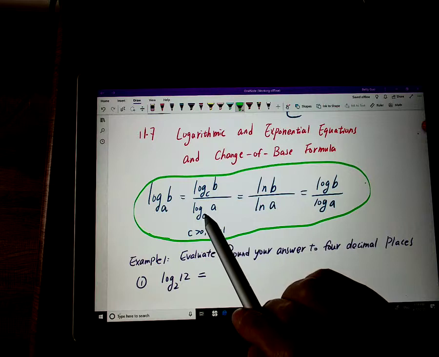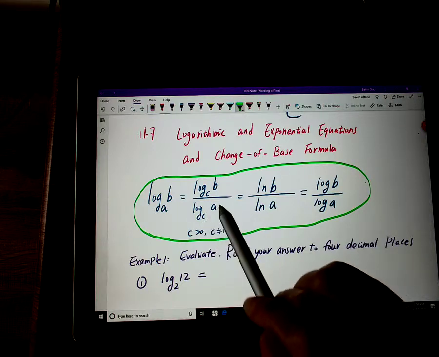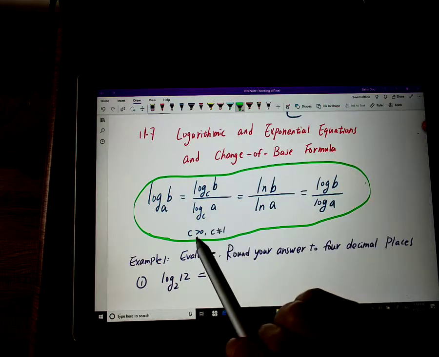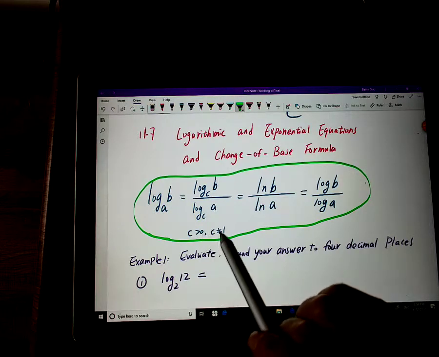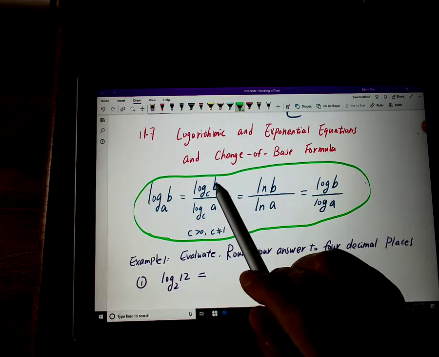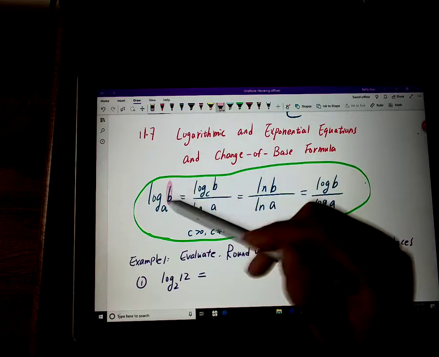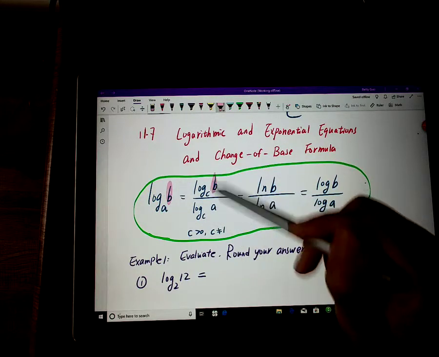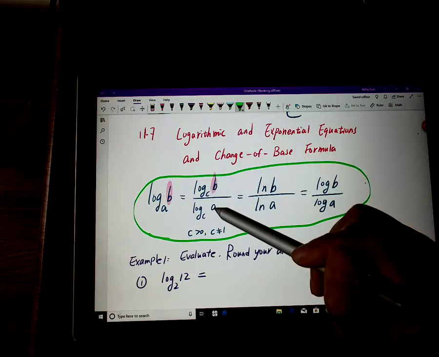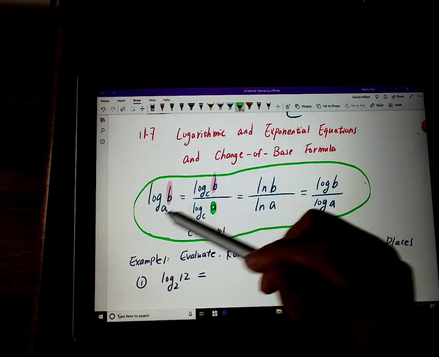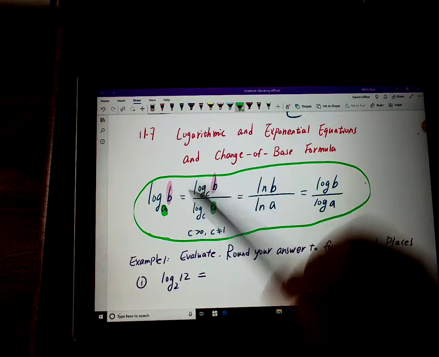In the denominator, we have log with base c of a. c here could be any number, as long as the number is positive, different from 1. The antilog in the numerator happens to be this number. The antilog of the denominator is the original base. You see what I'm saying?